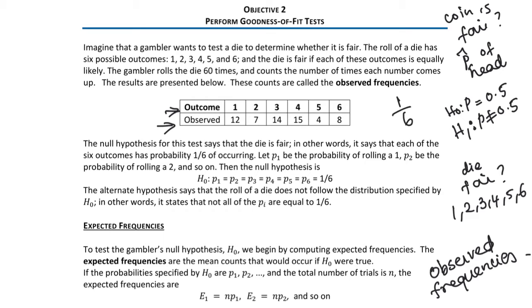Let P1 be the probability of rolling a 1, P2 the probability of rolling a 2, P3 the probability of rolling a 3, and so on.